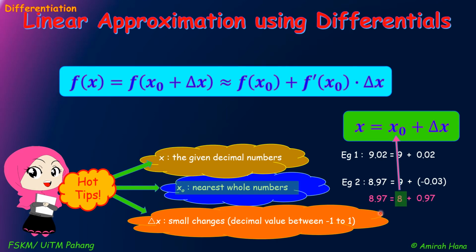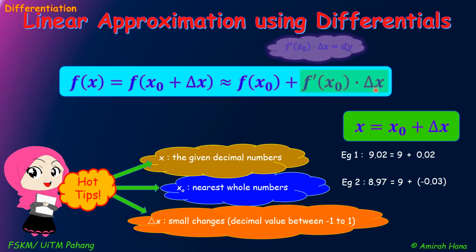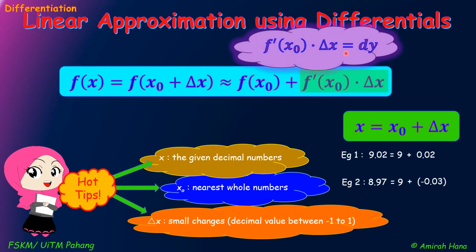But 8 is not the nearest whole number for 8.97 because we have 0.9 here. This means it is a wrong choice. f prime x naught times delta x here equals dy, and dy means differentials.